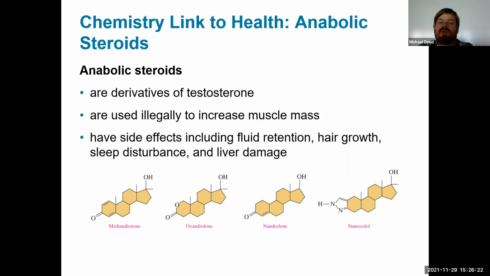They control hair growth, fluid retention, sleep, all of that. So if you take anabolic steroids, you're going to mess with the cycles of your body, and you're going to end up having trouble, including fluid retention, hair growth, disturbance of sleep, and liver damage. So I guess don't do that.